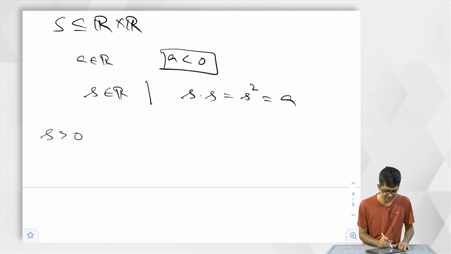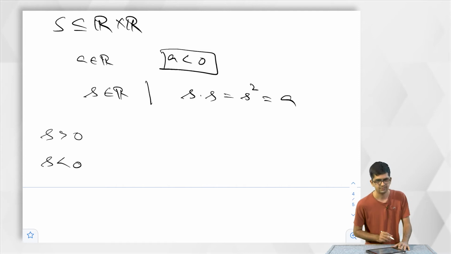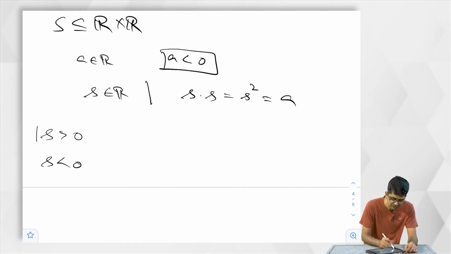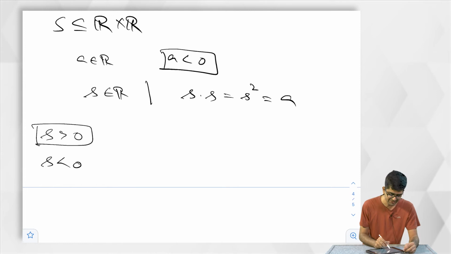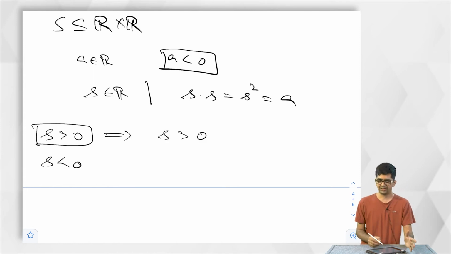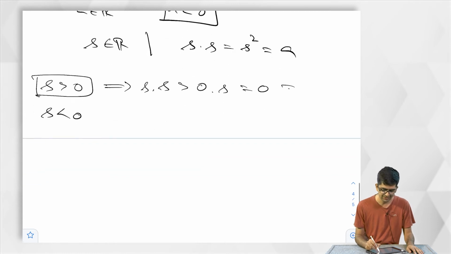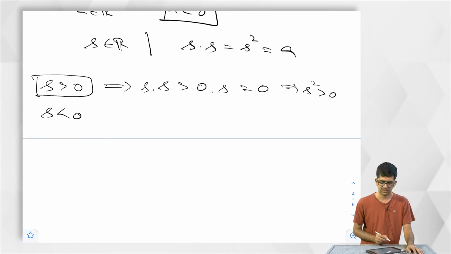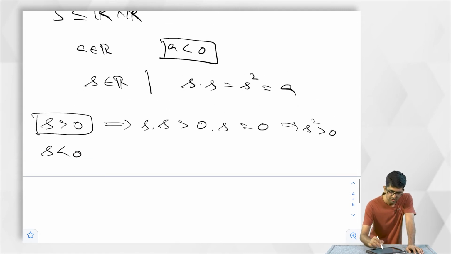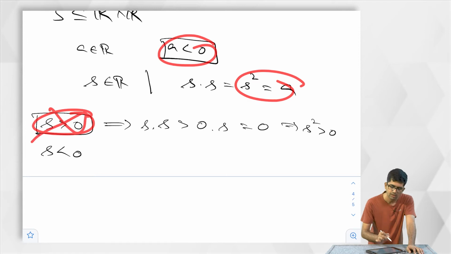Suppose S is positive, what does order compatibility say? If I multiply a positive element on both sides of an order, the inequality should not change. So if I multiply S on both sides, this should not change. So what does this say? This implies S square is positive. So this option is gone, because S square is equal to A and A is negative.